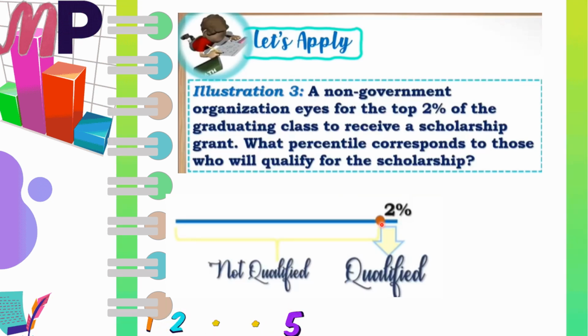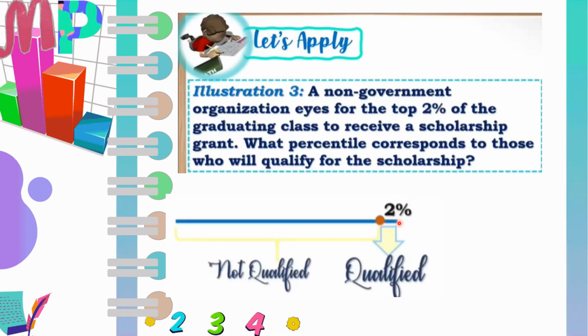The left part of this point represents those scores that are not qualified for the scholarship grant, and on the right side of this point are the scores that are qualified. So the right side of this point is the upper 2% of the graduating class who will receive a scholarship grant.